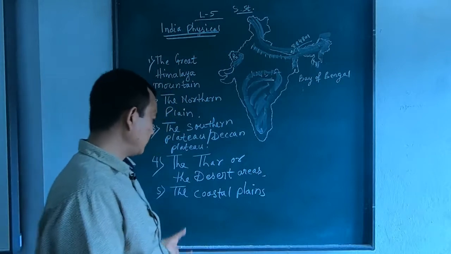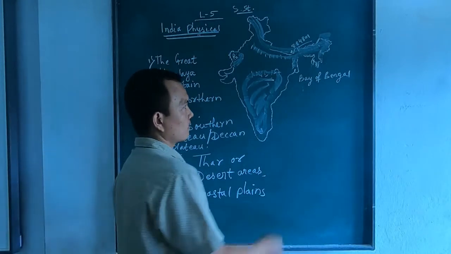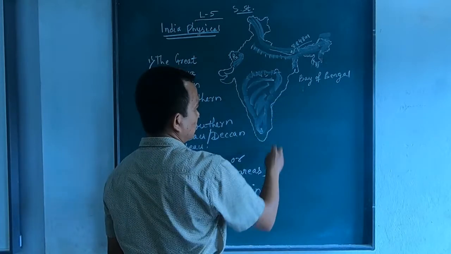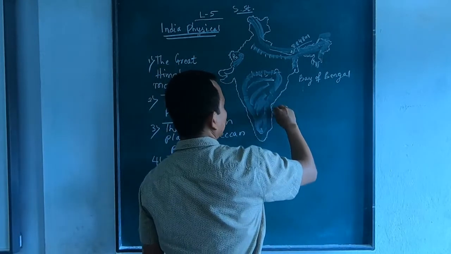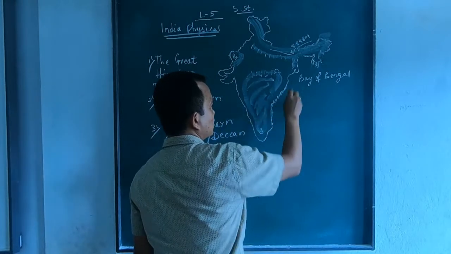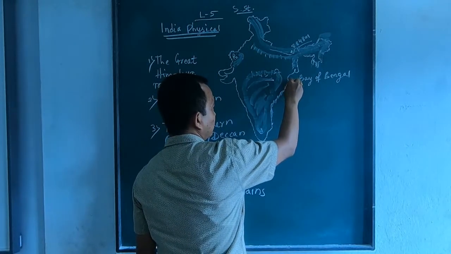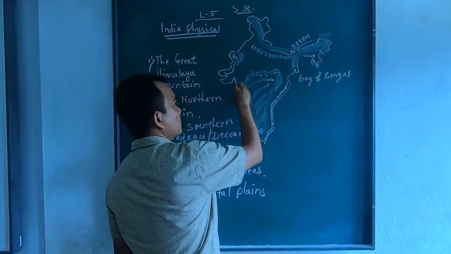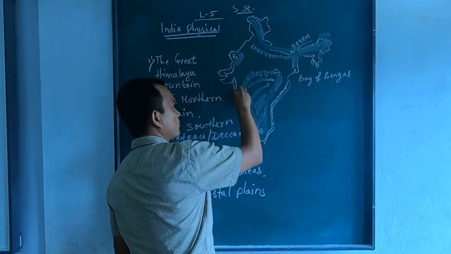So it is divided into two parts. One is the eastern coastal plain. It covers these areas starting from here, and the western coastal plain starting from here.